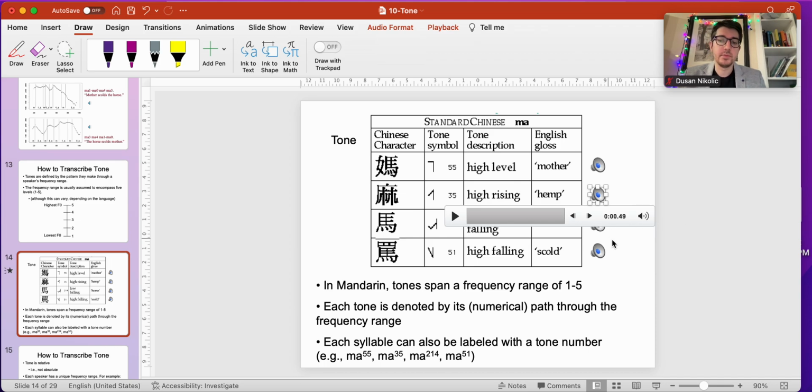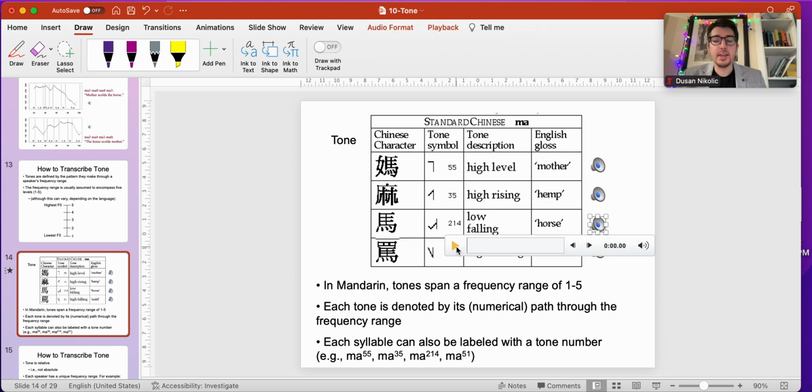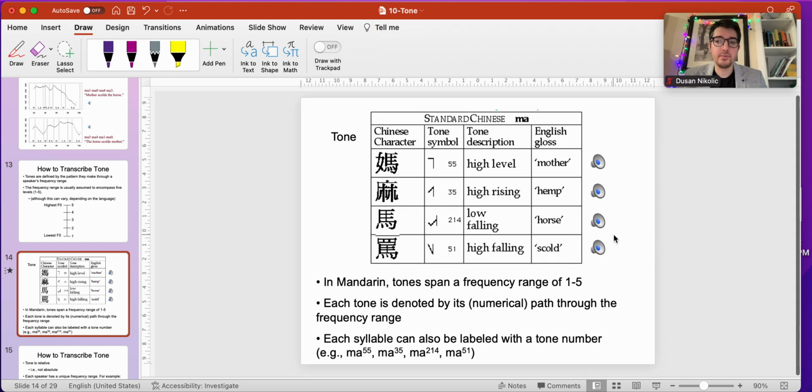ma, right? Then this one is allegedly 2-1-4, so you're low, you go even lower for a brief period of second, and high up there to the number 4, or to the range that is below 5, between 5 and 3. So it sounds like this. 妈 Ma. And it goes by very fast.